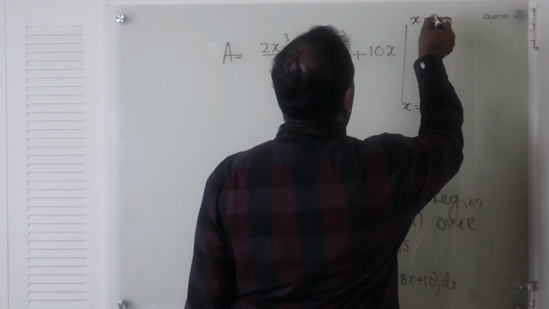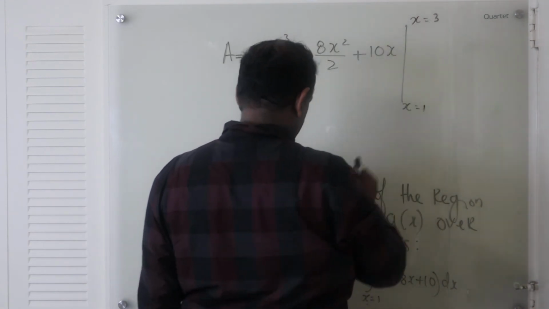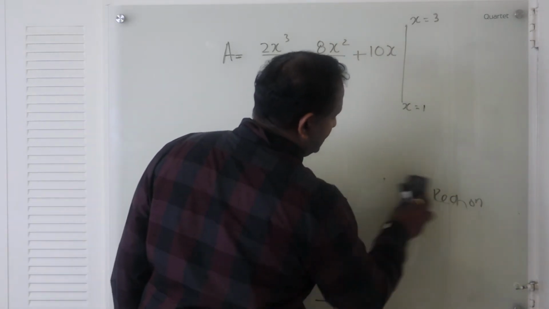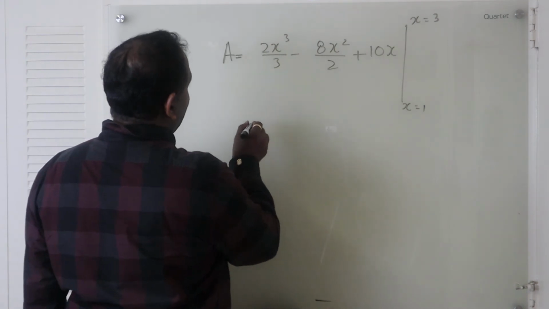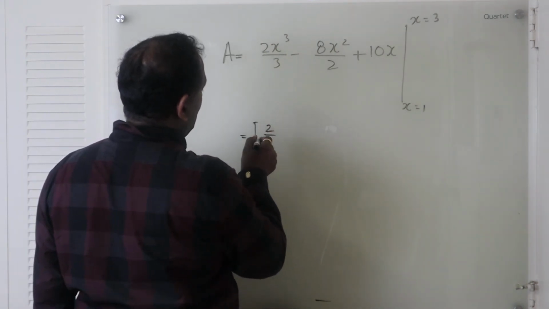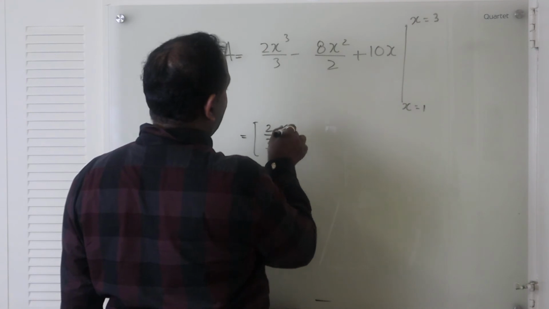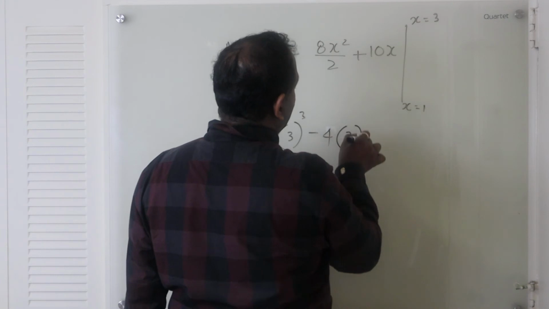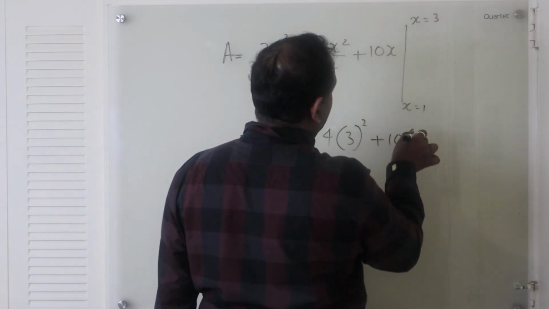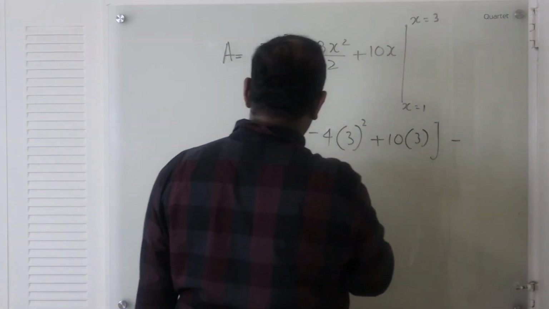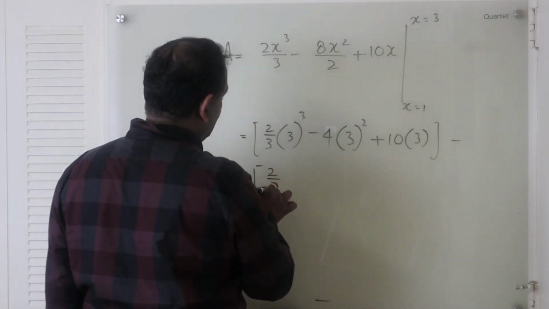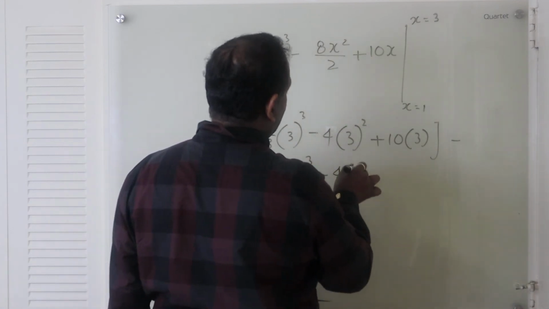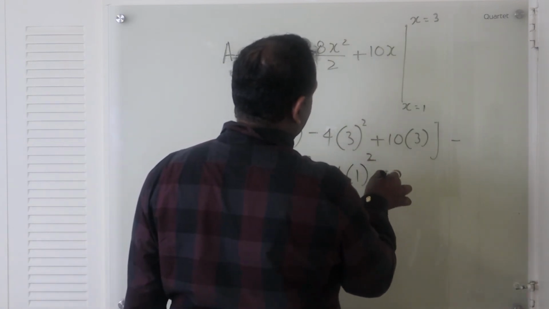Plug in into this expression. 2 over 3 times 3 to the third minus 8 divided by 2 is 4, 3 to the second plus 10 times 3. Close it. Minus lower bound: 2/3 times 1 to the third minus 4 times 1 to the second plus 10 times 1.